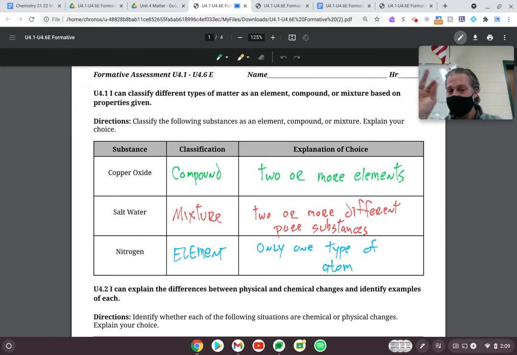But if I have a pile of pure kosher table salt with nothing added to it, it would just be sodium and chlorine atoms that are bonded together. Now a mixture is two or more different pure substances mixed together. So for example, if I took salt and aluminum and mixed them together, you now have a mixture. Did you see the subtle difference? Okay.